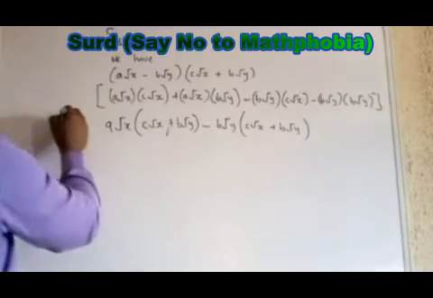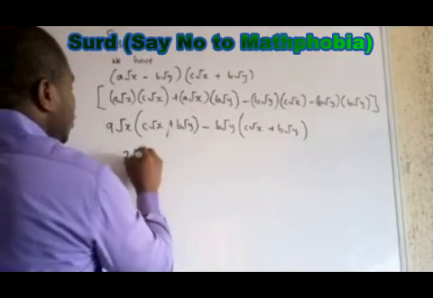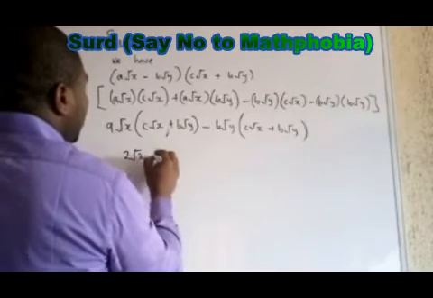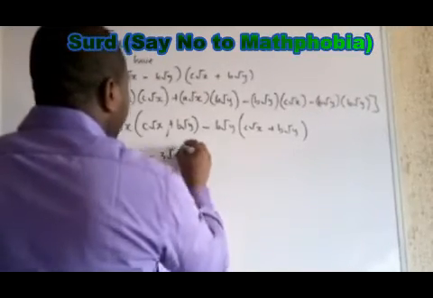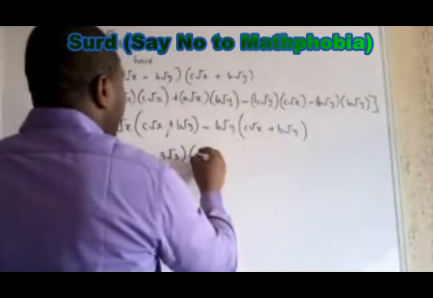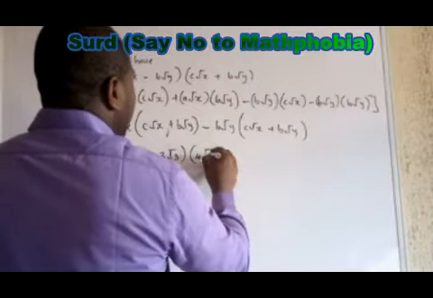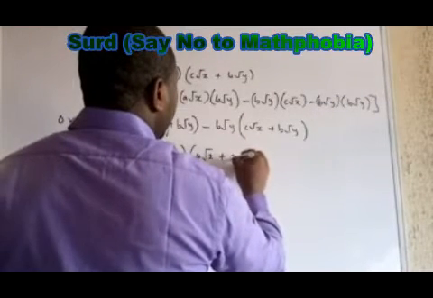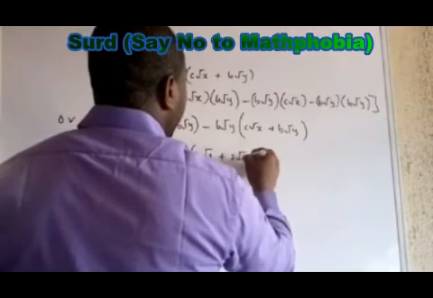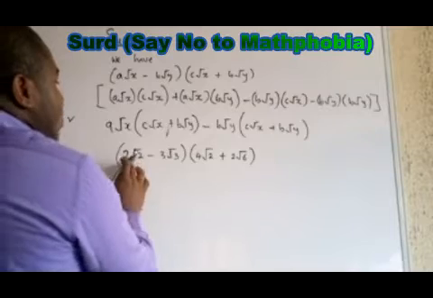They are the same. Example, you have 2 root 2 minus 3 root 3 multiplying 4 root 2 plus 2 root 6. So what do we have? We have this multiply this.